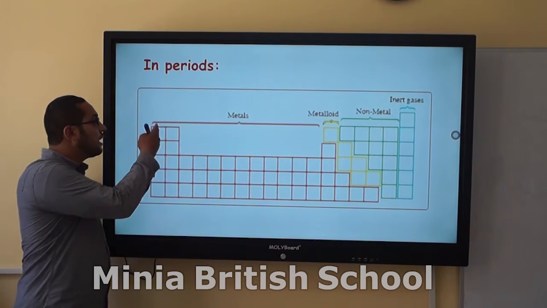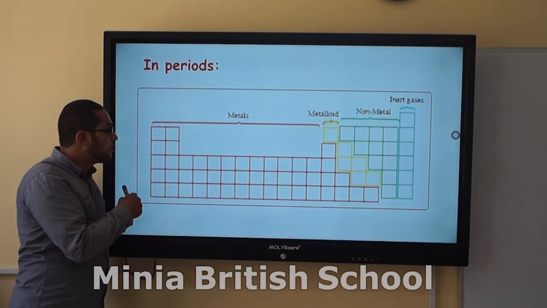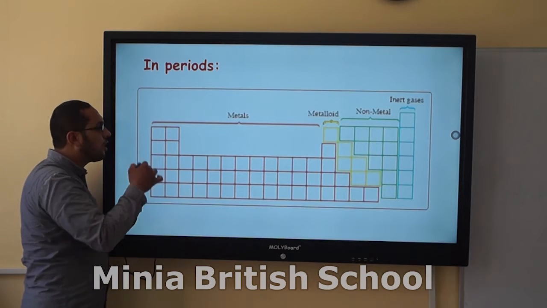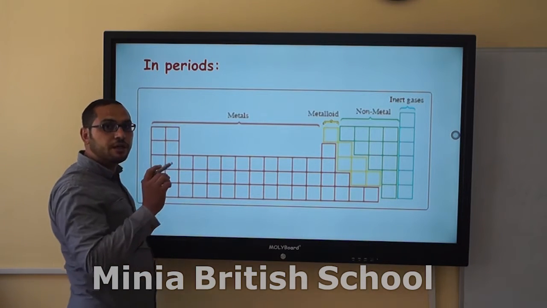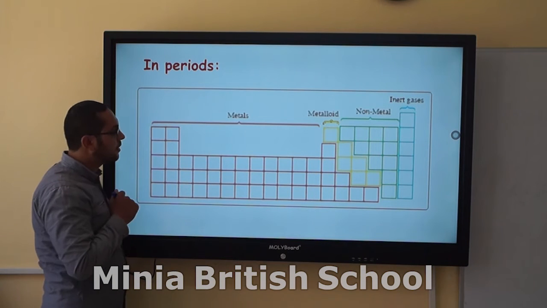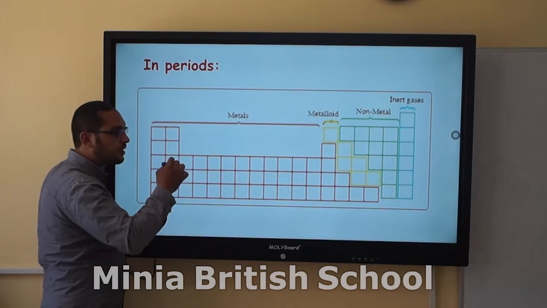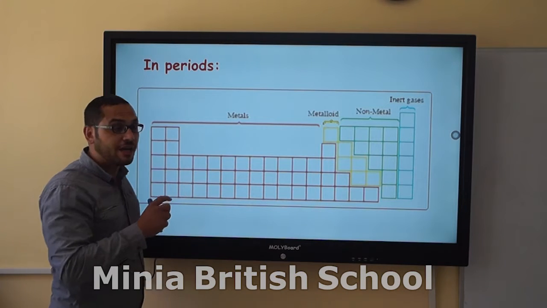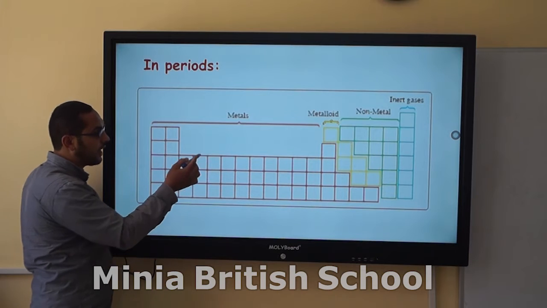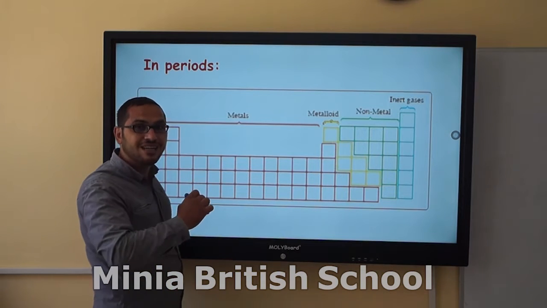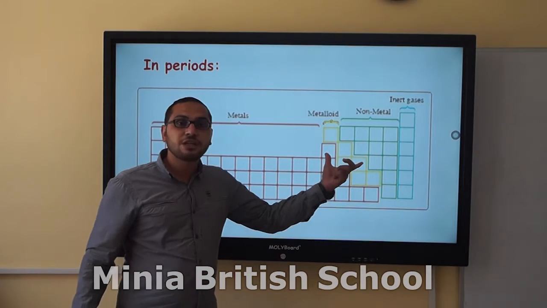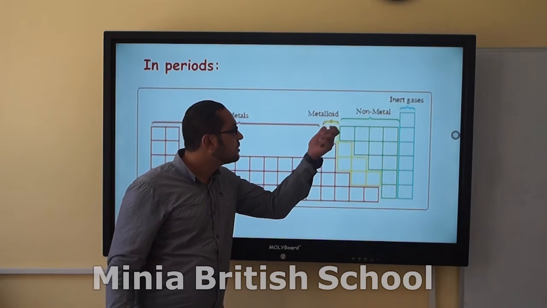Each period starts with a strong metal in group 1A. And then by increasing the atomic number, the metallic property decreases gradually till we reach the metalloids.